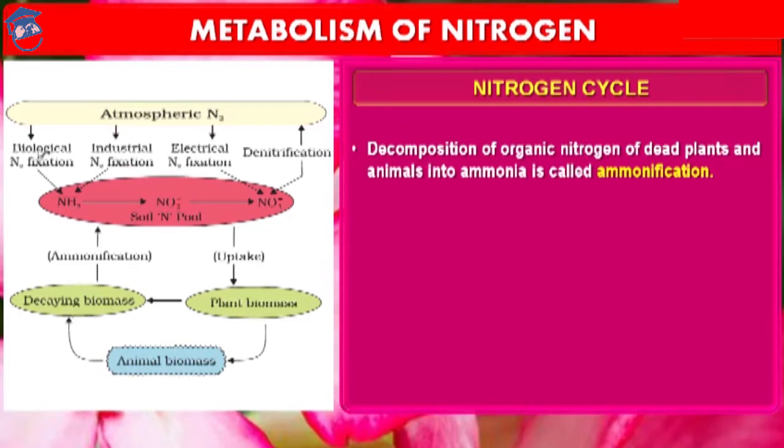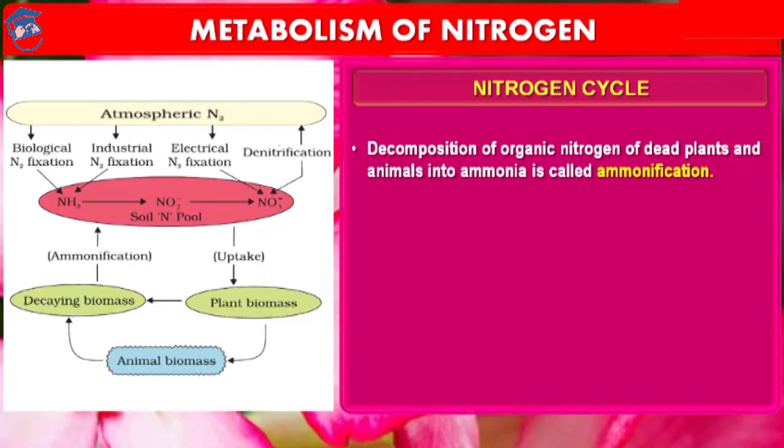Only certain prokaryotic species are capable of fixing nitrogen. Reduction of nitrogen to ammonia by living organisms is known as biological nitrogen fixation. The enzyme nitrogenase is capable of nitrogen reduction, which is present exclusively in prokaryotes and not in eukaryotes. Such microbes are called nitrogen fixers.